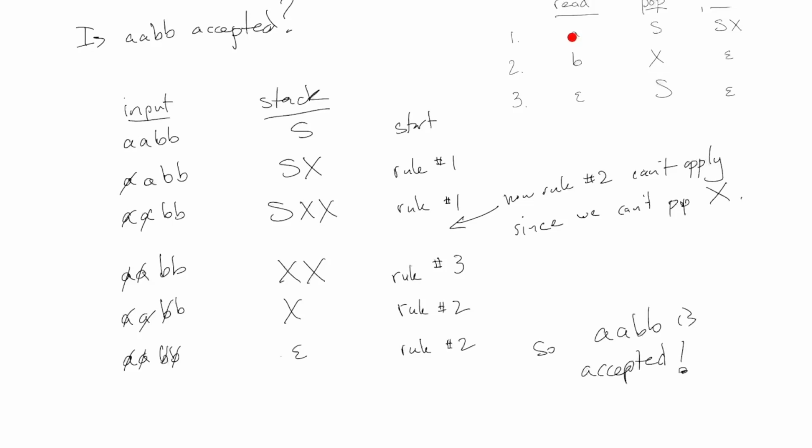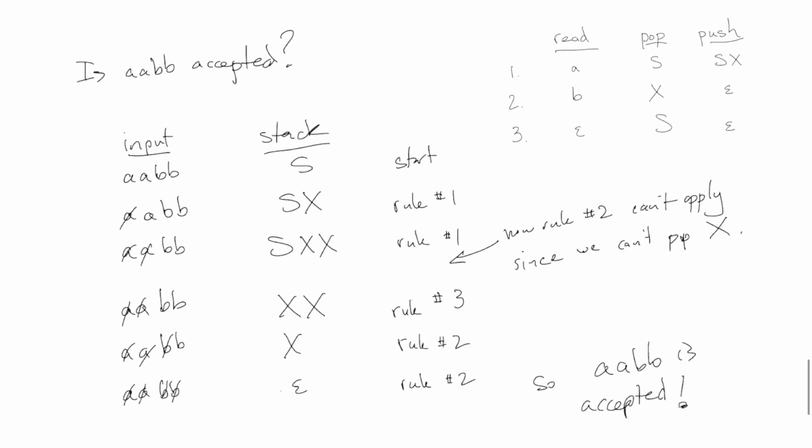Because if you want to read A's, there has to be an S on the front of the stack. In this case, if you want to read B's, there has to be an X on the front of the stack. If you want to read some B's, but then after that read some A's, you have to be putting S back onto the stack, which wasn't any of the rules that you said. So yeah, you can. It's good to wonder about, what if I change these rules around a little bit? How would that change the language? I mean, that is what we're going to be talking about, really.